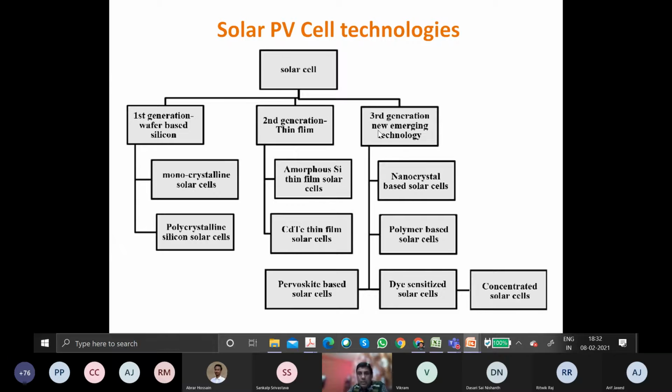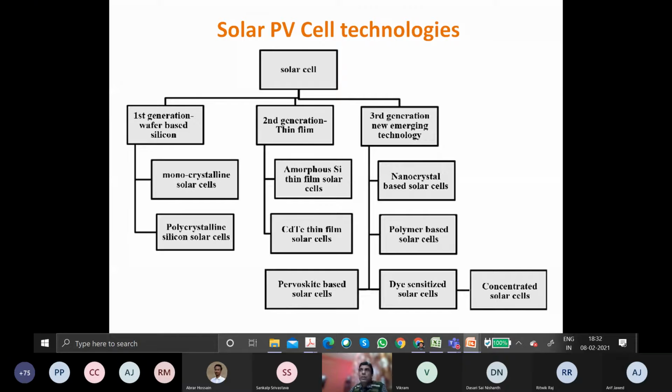And the third technology is based on nanocrystal or organic dye-sensitized solar cells, but that technology is not commercially available in the market, and this is still at R&D level.